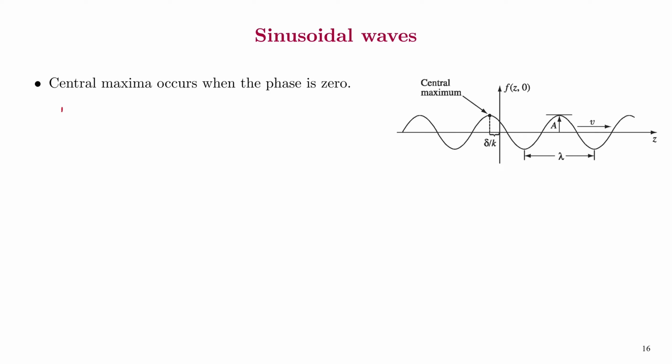In that case, we can write k times (z minus vt) plus delta equal to 0, from where we have z equal to vt minus delta over k.